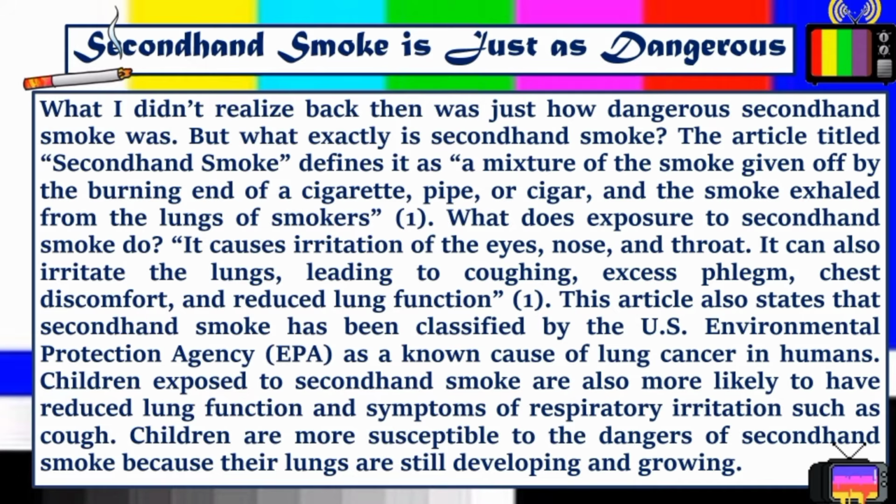What does exposure to secondhand smoke do? It causes irritation of the eyes, nose, and throat. It can also irritate the lungs, leading to coughing, excess phlegm, chest discomfort, and reduced lung function.